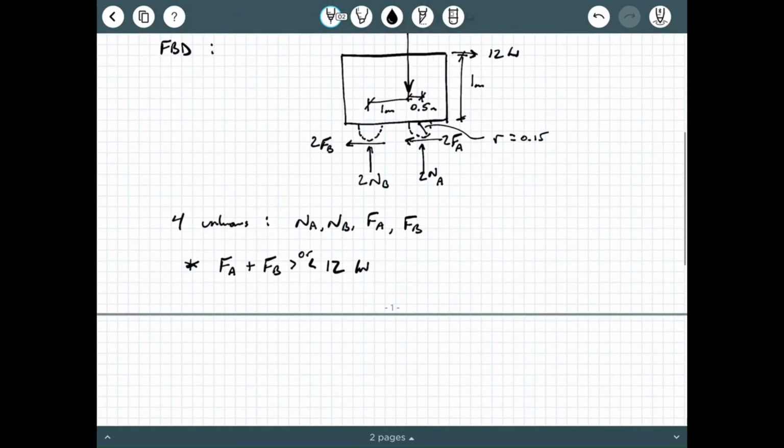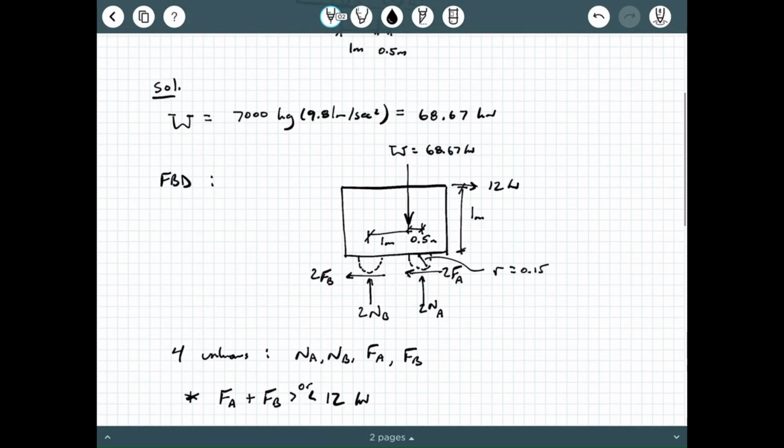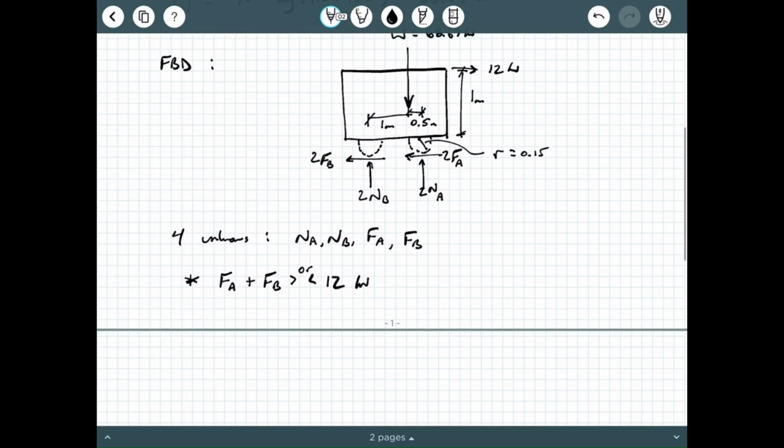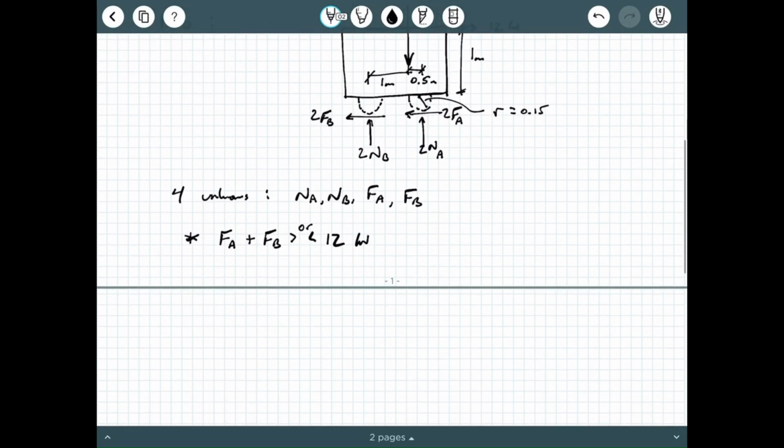So let's go ahead and apply some equilibrium equations and solve for some things that we maybe are able to solve for. Now, did the problem directly ask for FA and FB? Not really, okay? But we need to keep this asterisk right here in our back pocket for use later, okay?